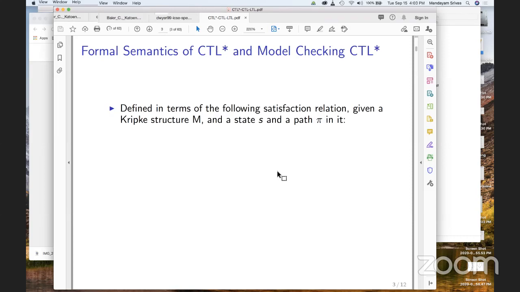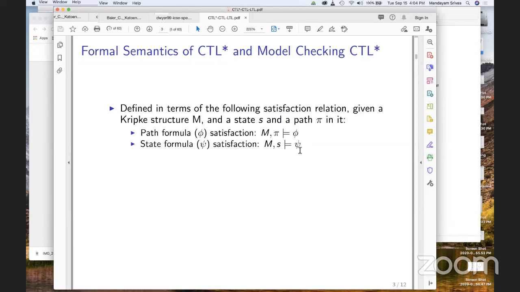Just to summarize, the formal semantics is defined in terms of a satisfaction relation. For path formulas, given a model, a Kripke structure, and a path, we define when a path formula is satisfied by that path in the Kripke structure. For a state formula, satisfaction is defined relative to a state in that model.